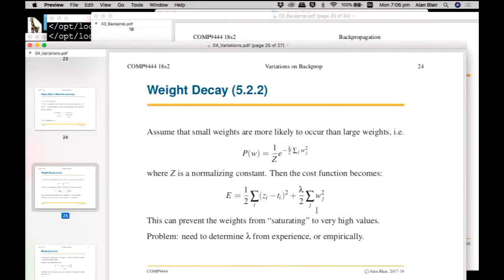We have this image of the weight being on a spring, and there's a force pulling the weight back towards zero, and the magnitude of that force is proportional to the size of the weight. So if the weight is twice as big, then the force pulling it back is twice as big. It's a nice physical analogy: the force pulling the weights back towards zero.